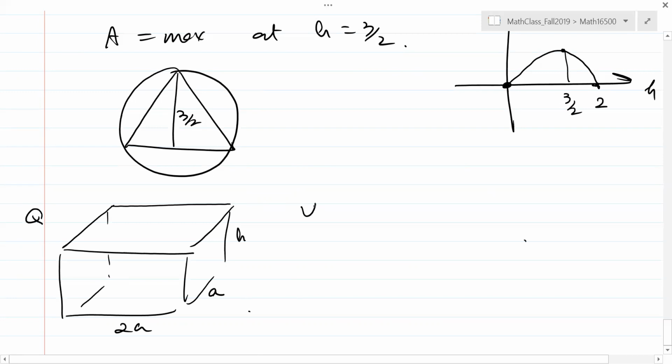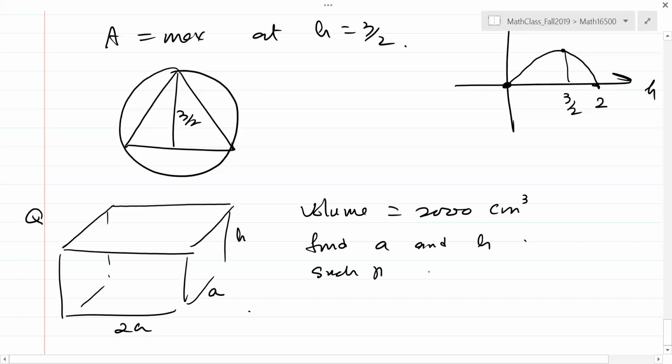We know that the volume is fixed, still 2,000 cubic centimeters. Find a and h such that the surface area is as small as possible.